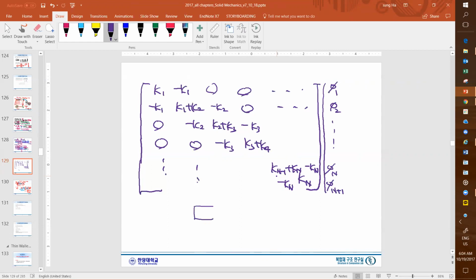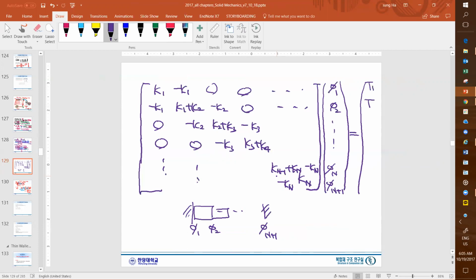Because we have Phi1 and Phi2 and so on. At the last end, we will have Phi n plus 1, right? Starting from Phi1 and Phi2 and so on. And then on the right-hand side, we have T1 and the second term. Now we have T12 and T3 and so on. And this last one will be Tn.